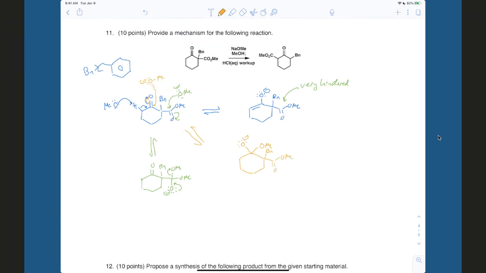Can this intermediate do anything? Can it ring open? How would it ring open? Which bond are you going to break?